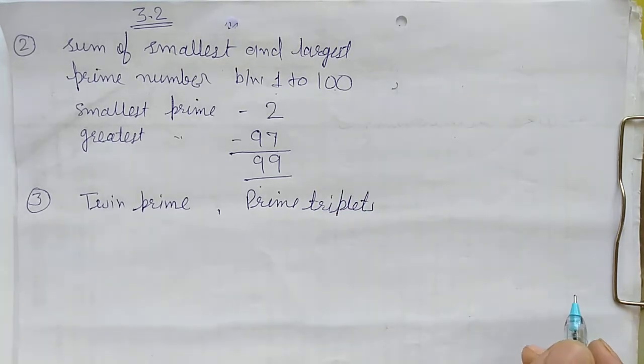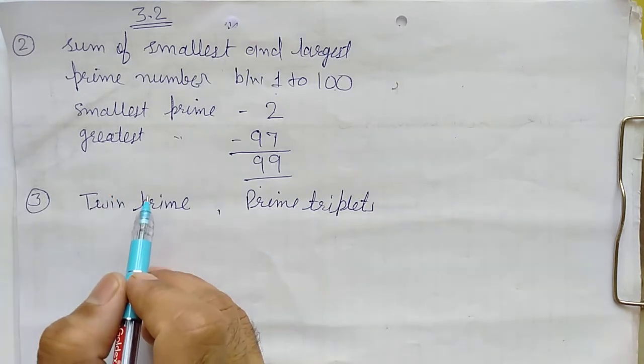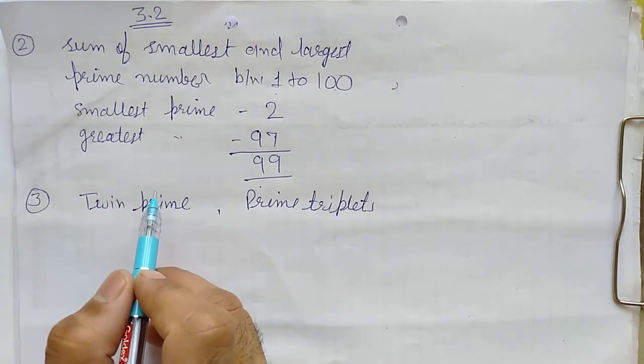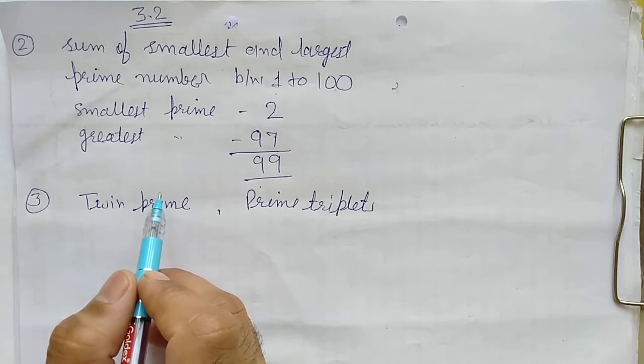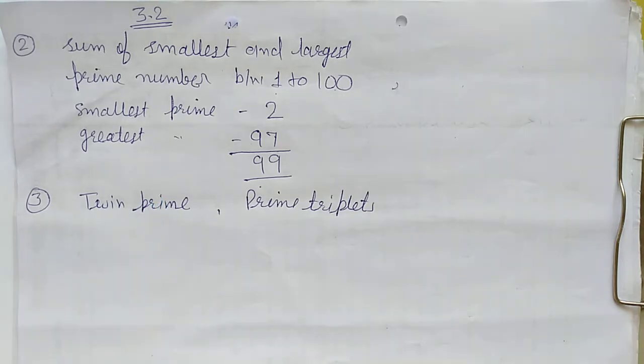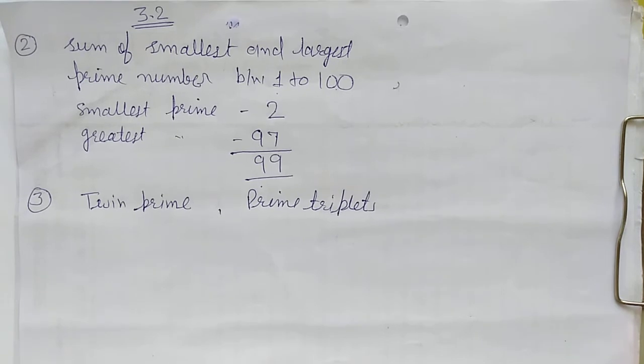Now first of all, see what is twin prime. Listen carefully. Twin primes are a set of two numbers with difference 2, or twin primes are consecutive prime numbers with the difference 2.